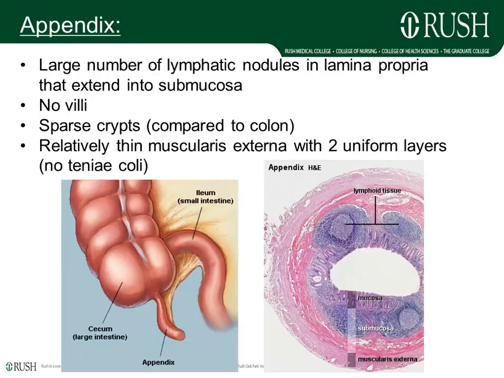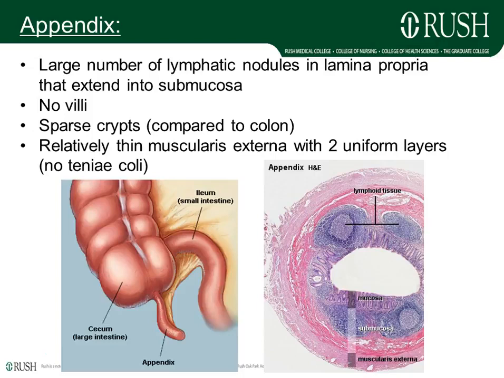So let's take a closer look at some of those regions. We'll start with the appendix. We've looked at this before when we looked at lymphoid tissue, and when we looked at some lymph vessels too. So you can see the appendix has a large number of lymphatic follicles in the lamina propria, and some of them extending down into the submucosa.